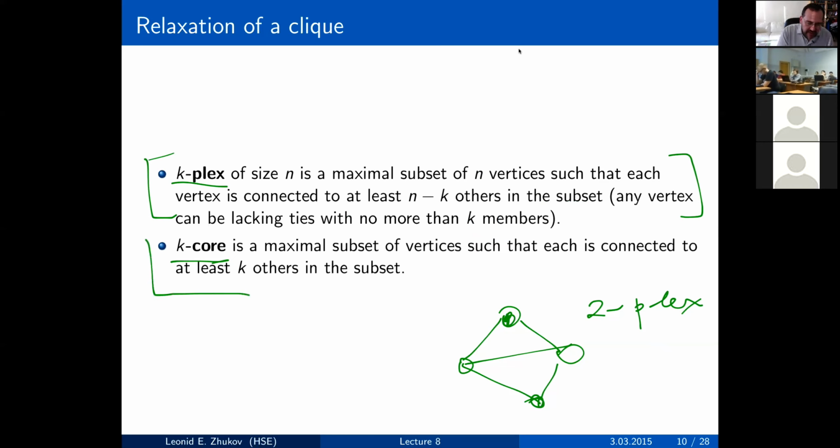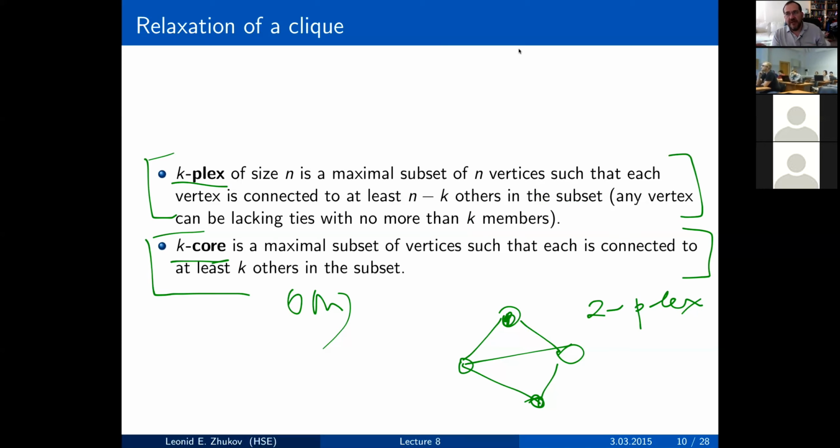K-core, on the other hand, happens to be a very interesting construction. First of all, because there exist linear algorithms to construct those cores. And they became very useful, not for finding communities, but rather for graph preparation for further processing, for cutting out small edges and finding the actual core of the graph.